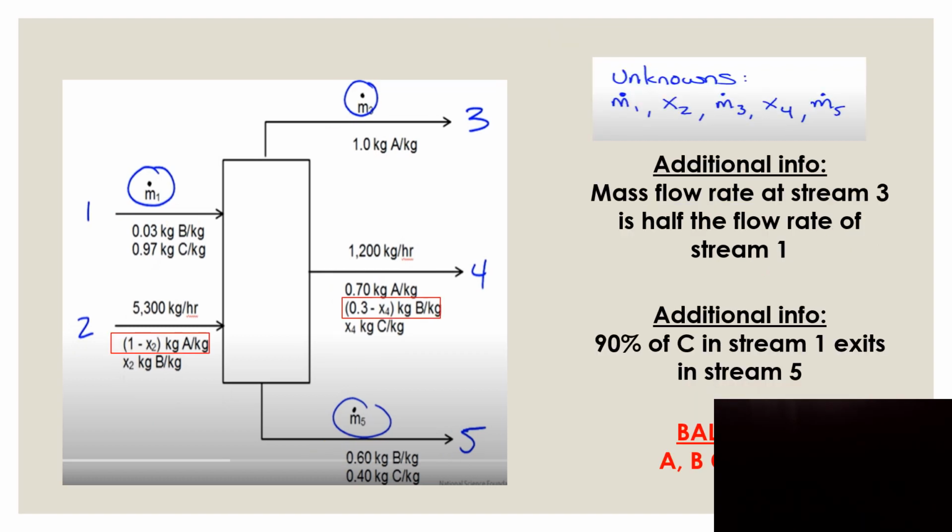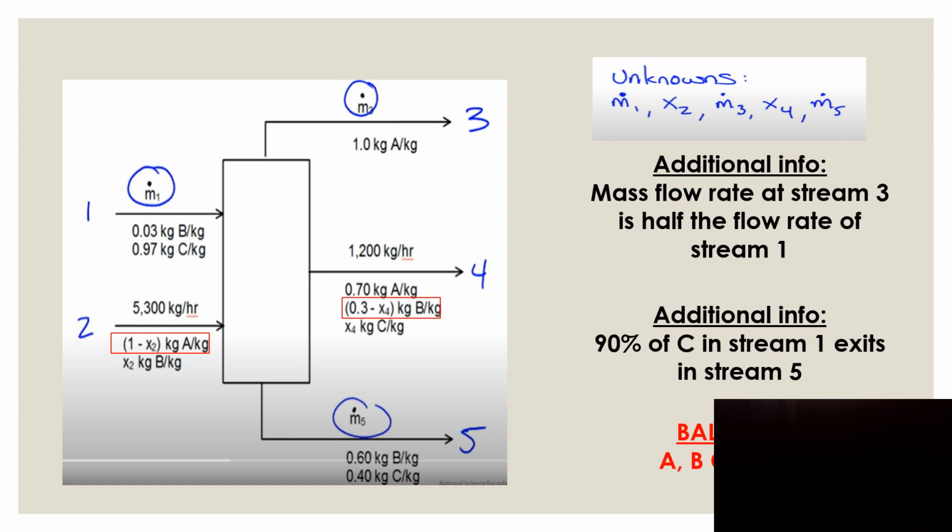So next we have to identify. We already identified unknowns. We have 5 unknowns: M1, M2, M5, X2, and X4.